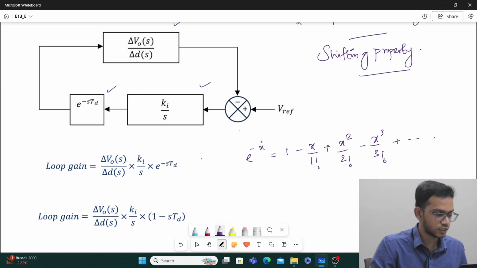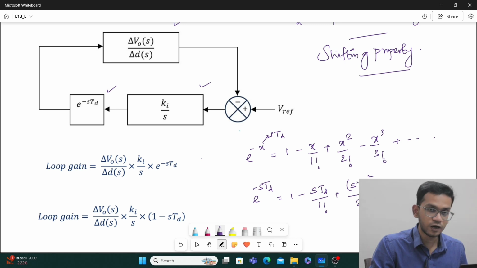Here our x is nothing but s into td, and when I expand e power minus s td in this format, s td by 1 factorial plus, s td the whole square by 2 factorial.